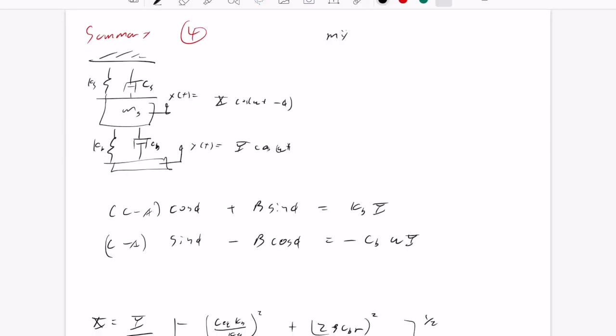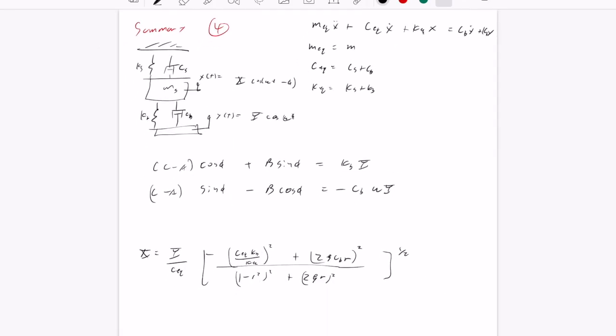The equation of motion was MEQ x double dot plus CEQ x dot plus KEQ x is equal to CB y dot plus KB y, where in this particular case MEQ is equal to M, CEQ was equal to CS plus CB, and KEQ was equal to KS plus KB.